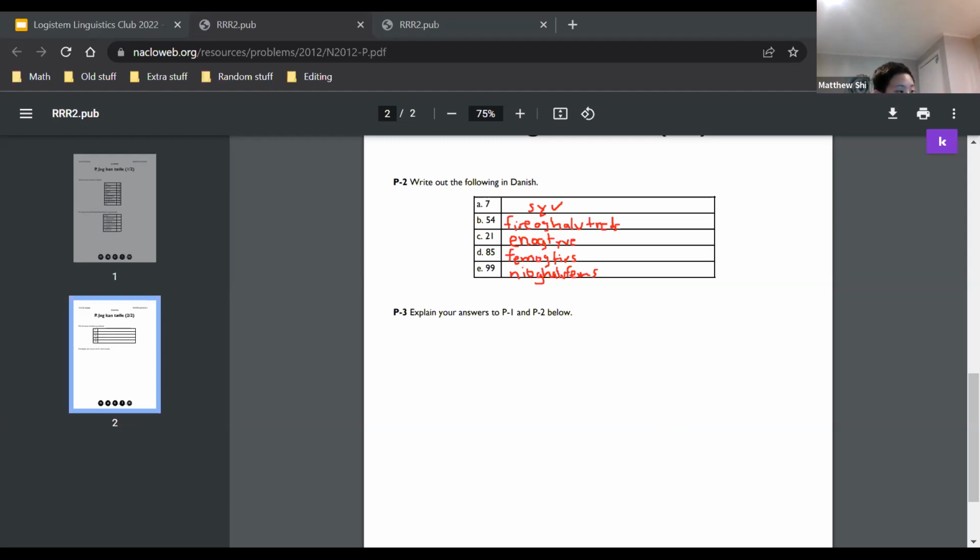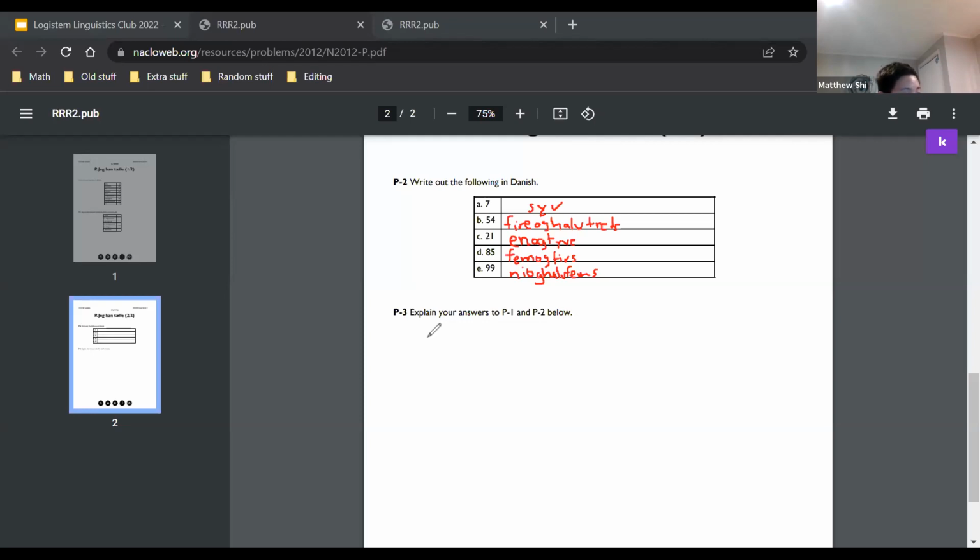So we can initially work out that 1 in the units is EN, 2 is TO, 3 is TRE, 4 is FIRE, 5 is FEM, 6 is SEKS, 7 is SYV, 8 we can't really find, 9 is NI.